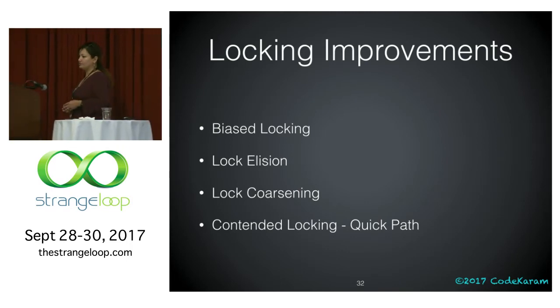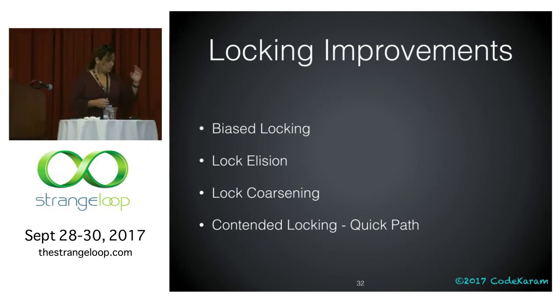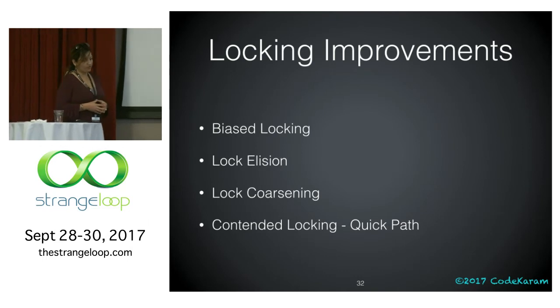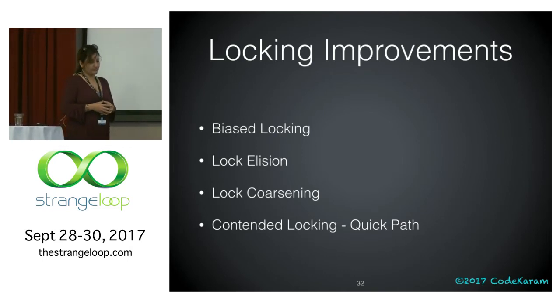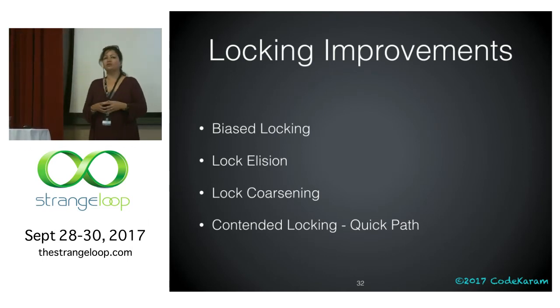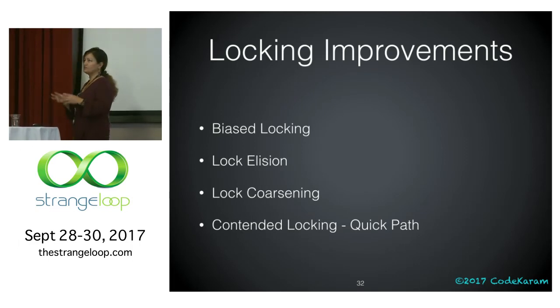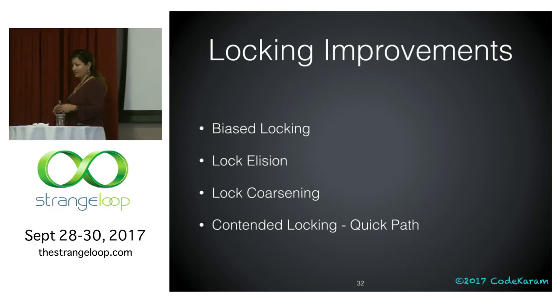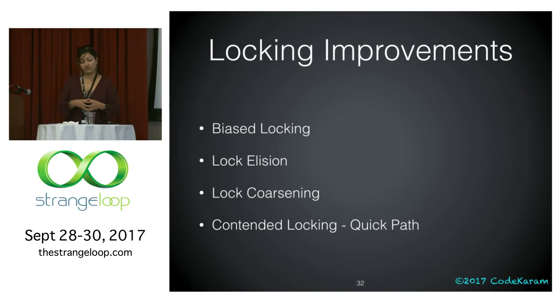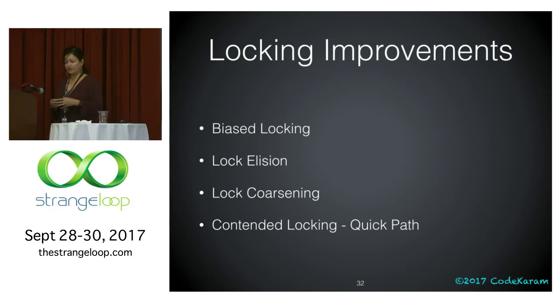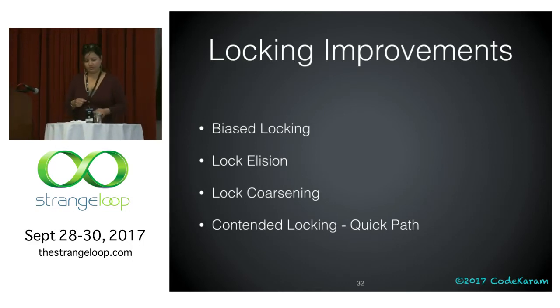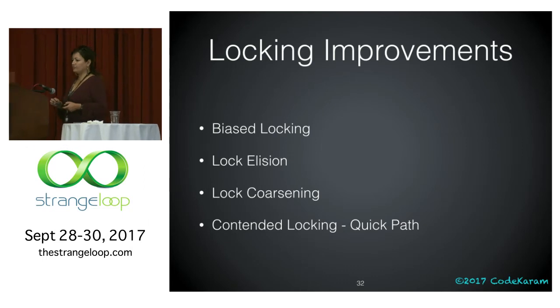And then coming back to contended lock. With Java 9, what happens is instead of doing the slow path, we can, based on the path we took already, and we know that it's an inflated lock, do something called a quick path. It's called quick enter, where you can perform certain things.